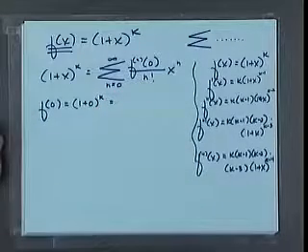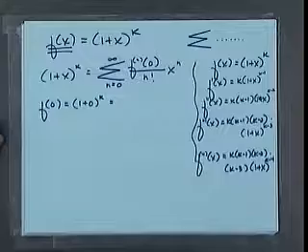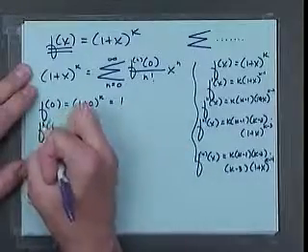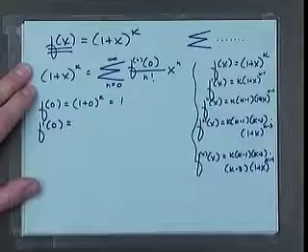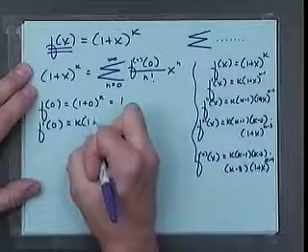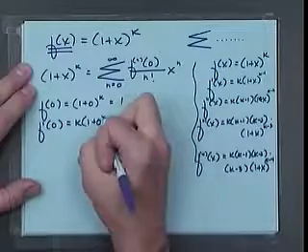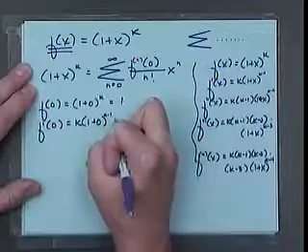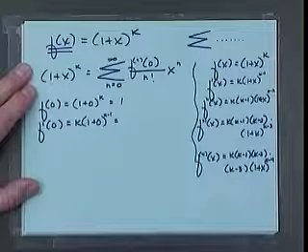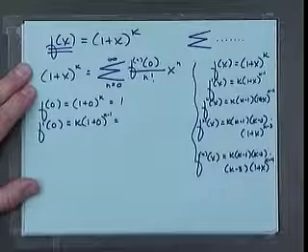is what? 1. The first derivative at 0 is k.